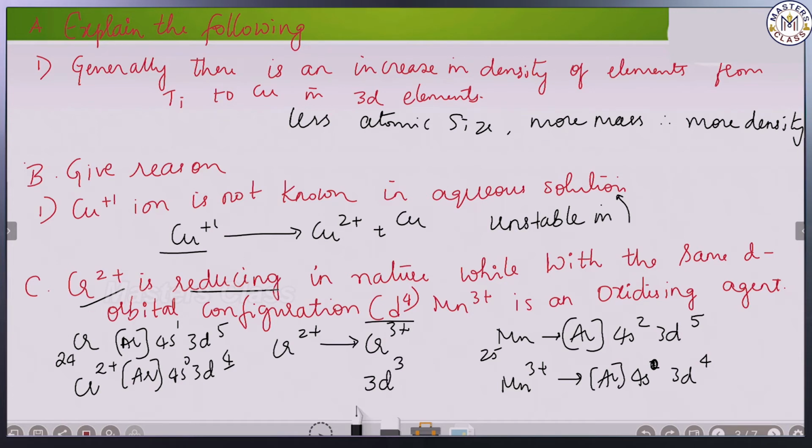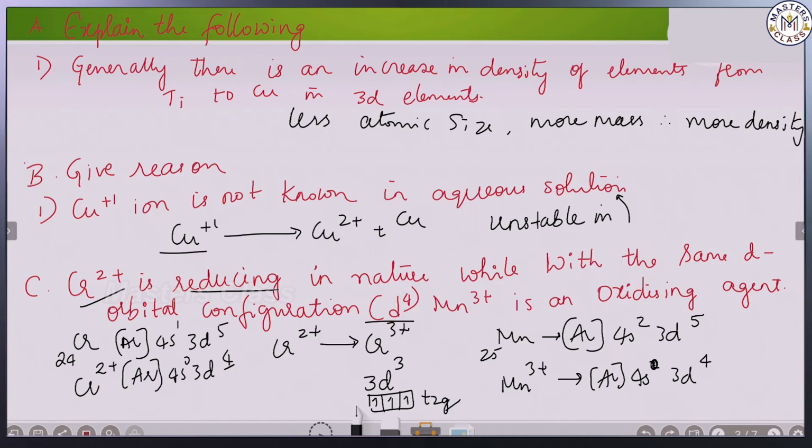In 3d3, we have 3 electrons in the t2g level, which is a half-filled set of orbitals, and half-filled orbitals are extra stable. Since the t2g orbitals give it extra stability, Cr2+ easily acts as a reducing agent. Immediately it will lose an electron and become Cr3+.